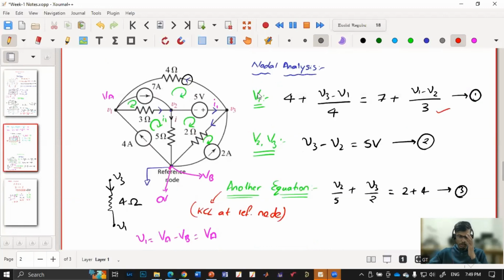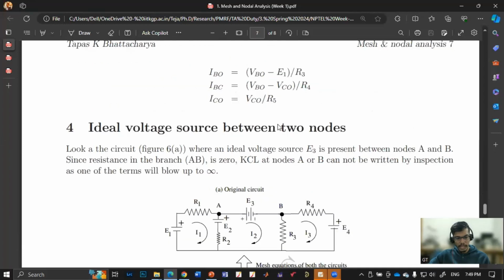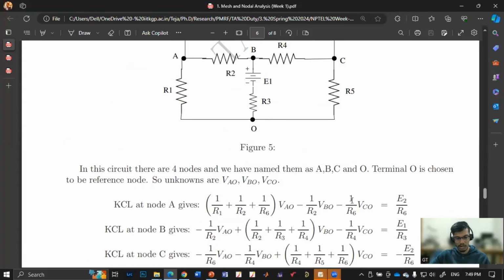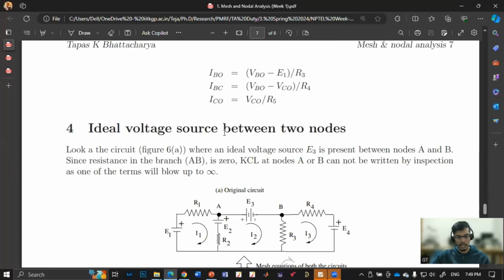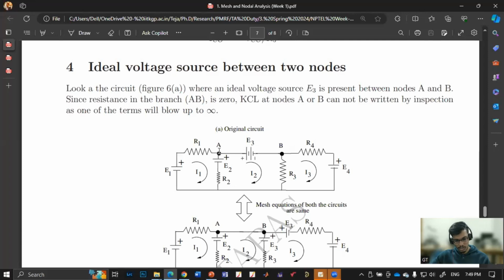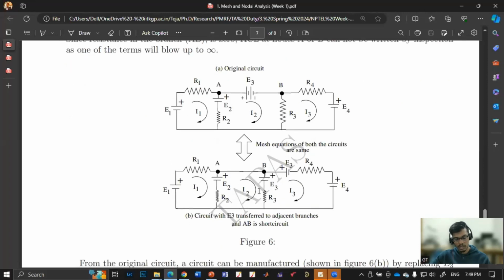The issue with learning these tricks is, say, here there is a trick for KCL, right? They have given a trick for KCL, and they said that if there is a voltage source directly between A and B, then we can transform this circuit into some other circuit, and we can apply mesh analysis.